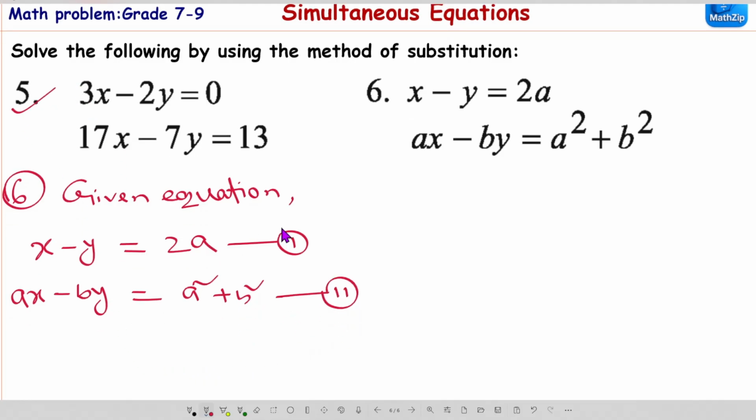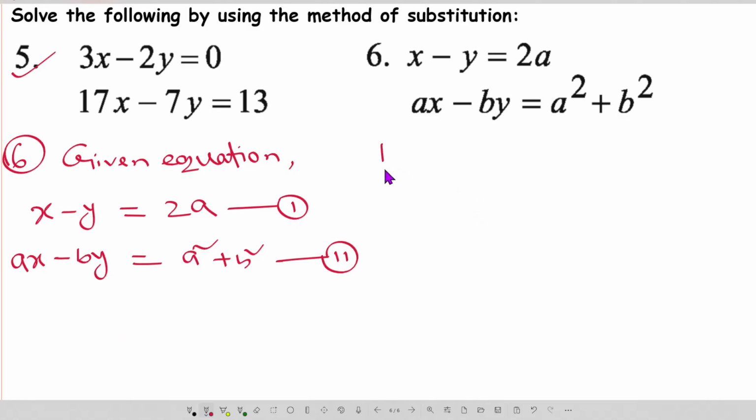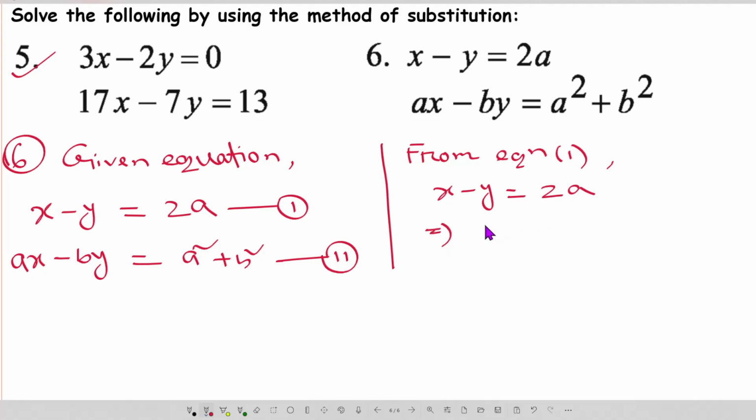Okay, then from equation 1, x minus y equals 2a, we can write x equals 2a plus y, which is equation 3, and this x equals 2a plus y we will put in equation 2.